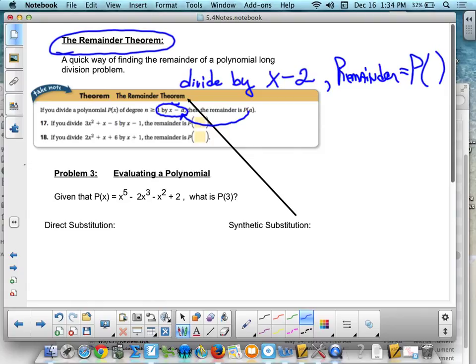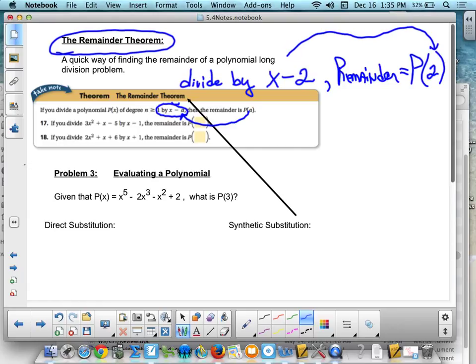It's the opposite sign, so if you divide by x minus 2, yours will be 2. If you just take the 0 out of this and stick it right here, 2 would be the 0. So if you put 2 into your polynomial and you get 0, that's your remainder. If you get 10, that's your remainder. Whatever you get becomes your remainder.